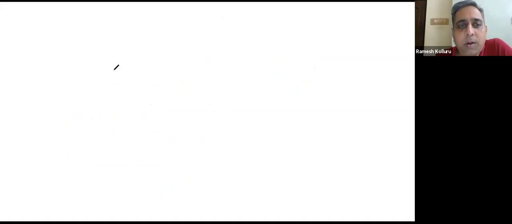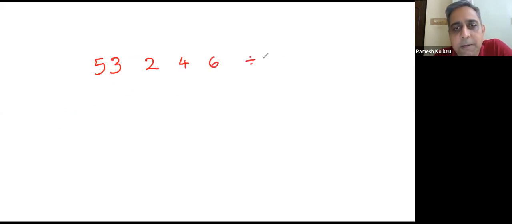So now the next problem. Even now we can go for any number of digits on the right side, 3 digits. So let me take a little bigger problem: 53246 divided by 817.